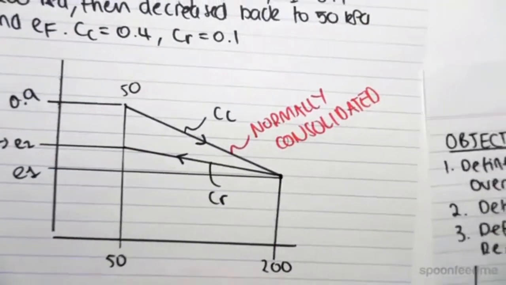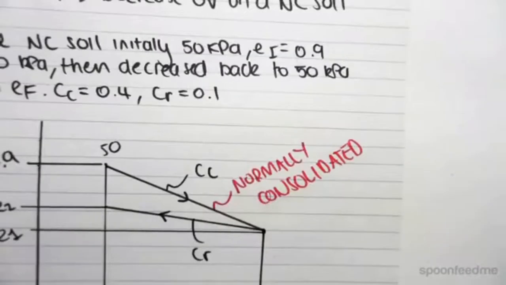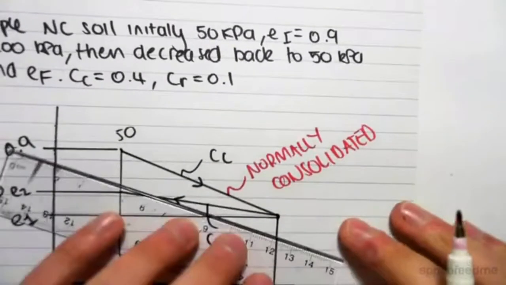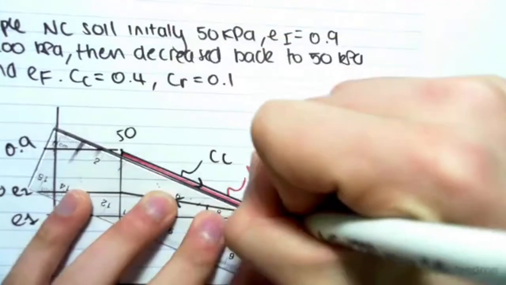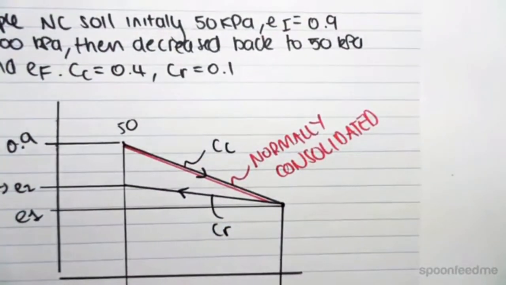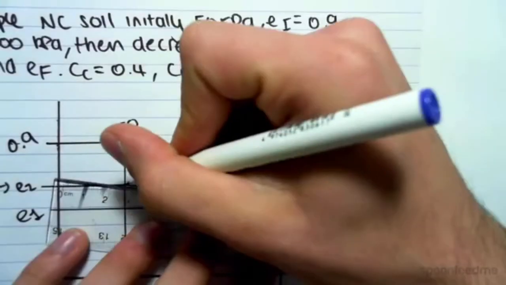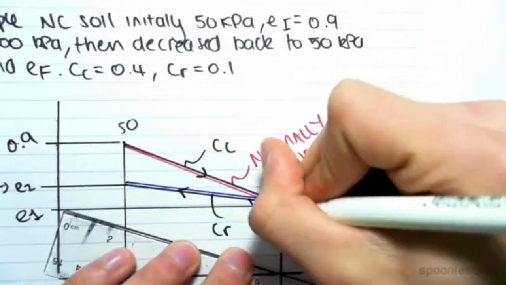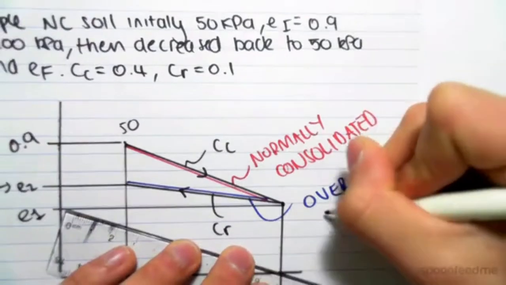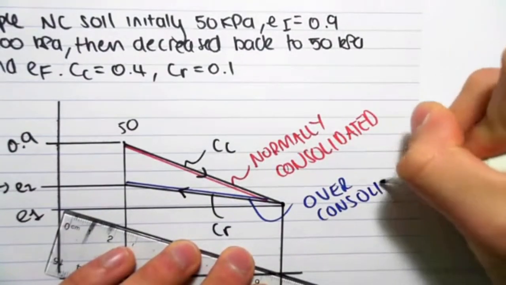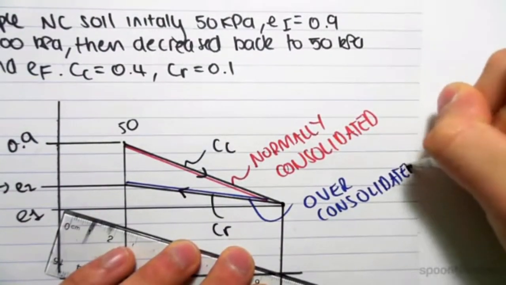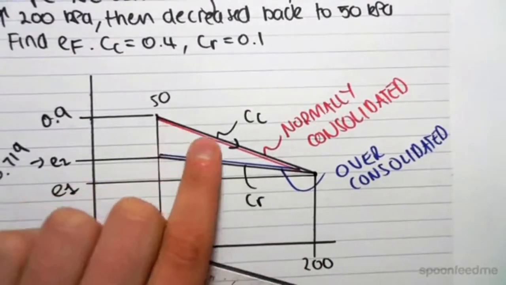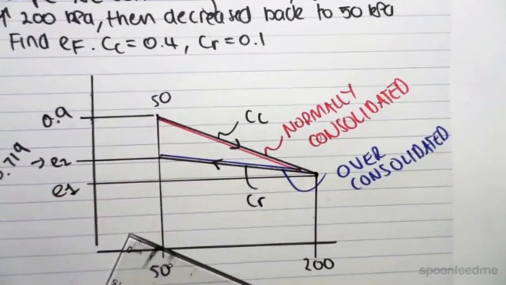I'm going to put it in red, so the red line is normally consolidated and the blue line is over-consolidated. So we've come down normally consolidated and gone back up over-consolidated.